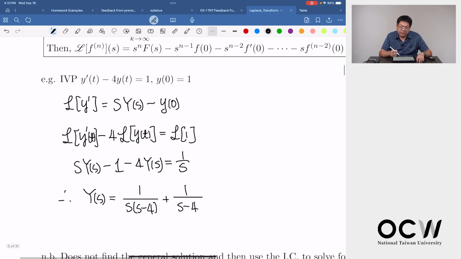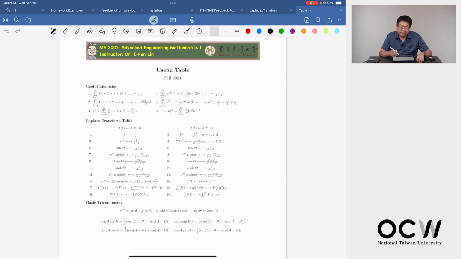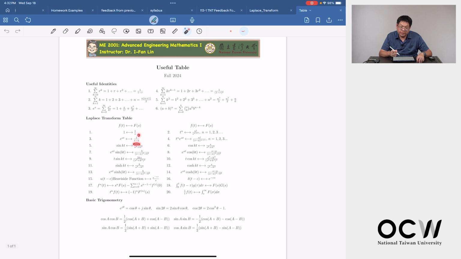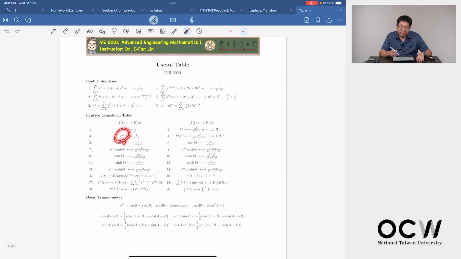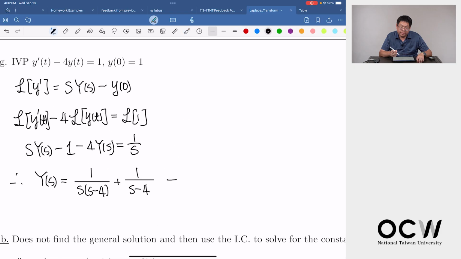Then again, find the table. 1 over s minus a, the original function is e to the at. So here, y of t equals 5 over 4 e to the 4t minus 1/4.